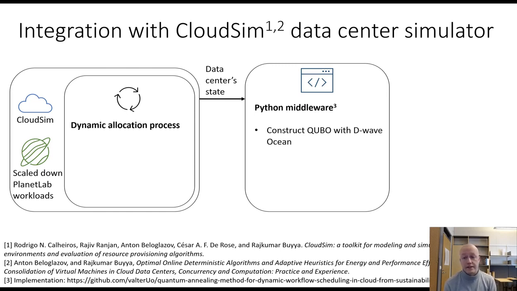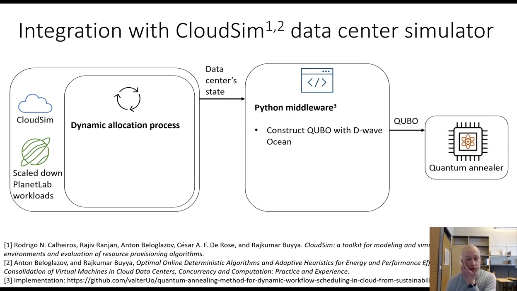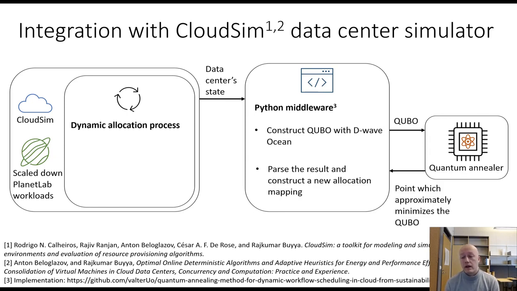In this case, we use D-Wave's Ocean software development kit. This D-Wave software quite automatically allows us to submit this QUBO formulation of the problem to their quantum annealer. Then the quantum annealer aims to find the minimum point which approximately minimizes this objective function.